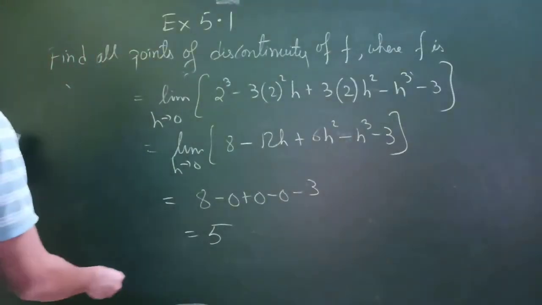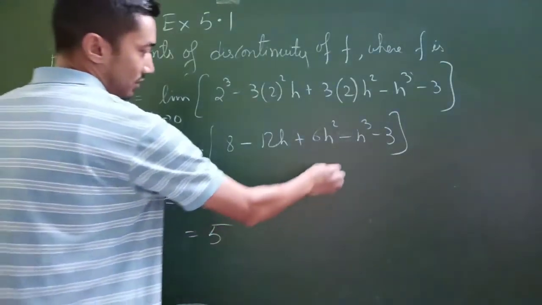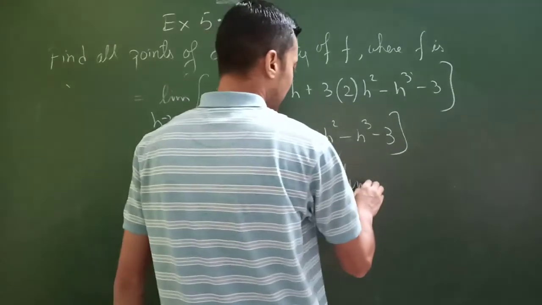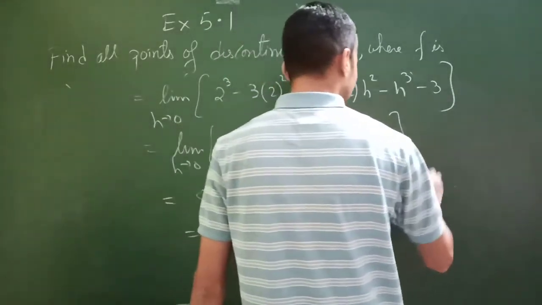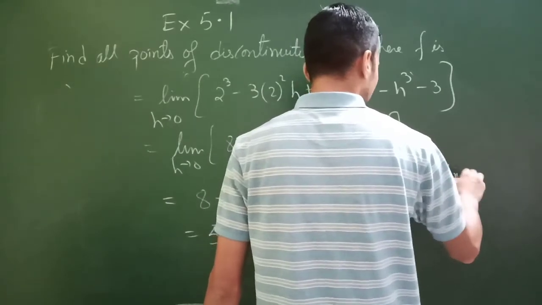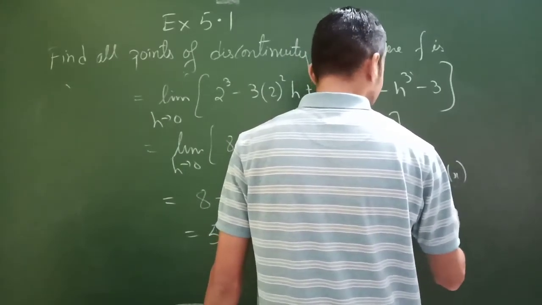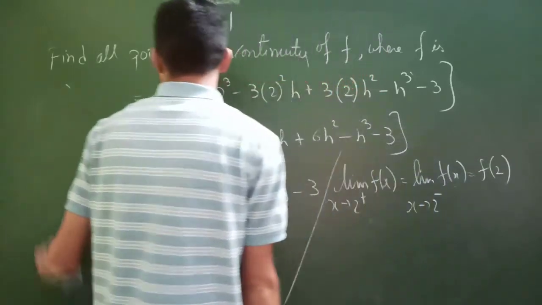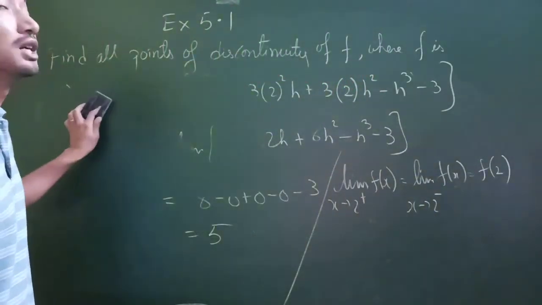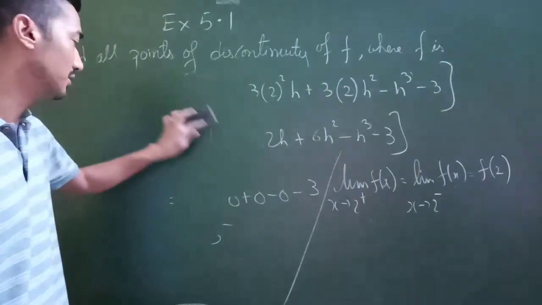So now we can conclude. Here we can write that the limiting value as x tends to 2 plus from the right hand side is also equal to the limit as we approach x from the left hand side, which is equal to the value of the function at 2. The function is continuous. You can write down the function is continuous.